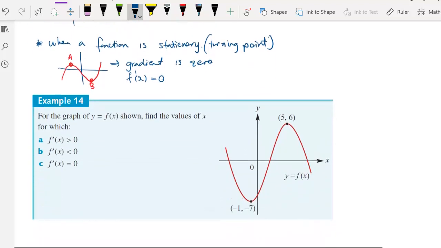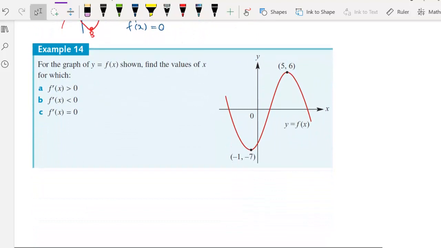So if we put this into practice, looking at example 14 from the textbook, it asks us a really simple question. It says for the graph y equals f of x, it doesn't define the true function here, but it just says it's f of x. Now, we want to find the values of x for which, in this first one, the derivative is greater than 0.